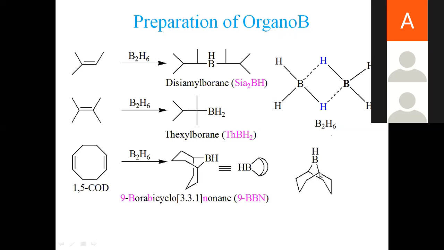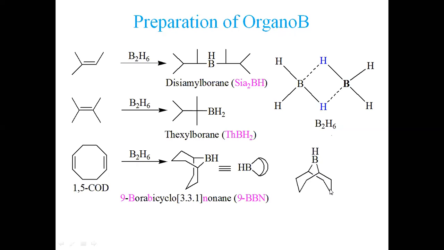In all cases this is the same, a 6-membered ring. So if we start numbering from here, this is carbon number 1, this is 2, 3, 4, again this is bridgehead carbon number 5, this is 6, 7, 8, and this boron is number 9. So at the 9 position we have boron.